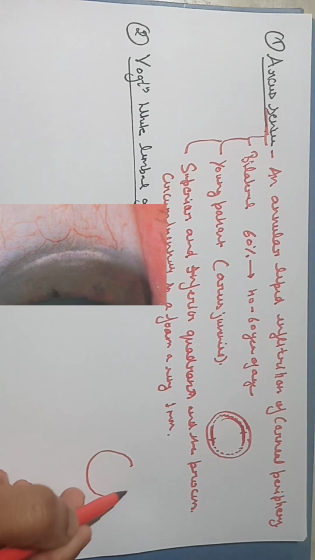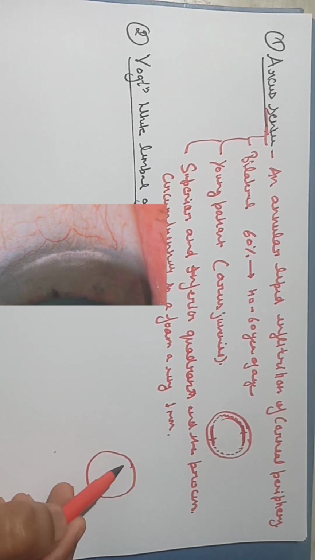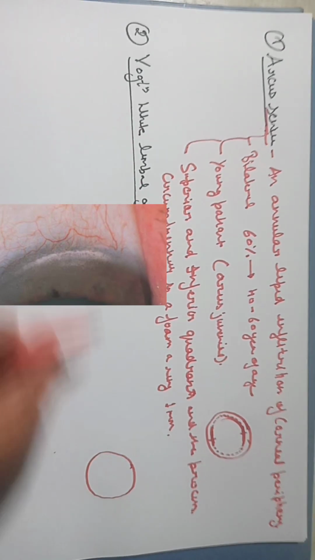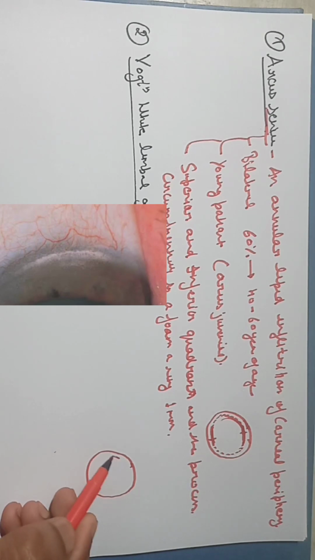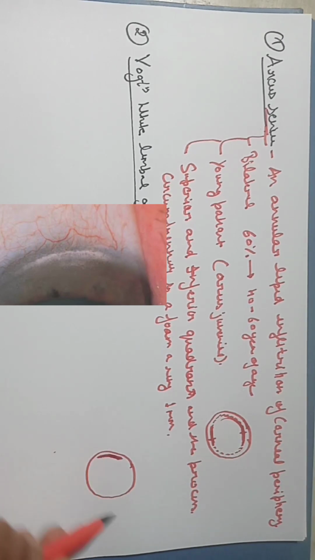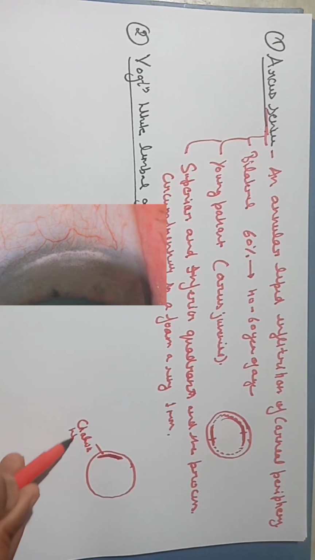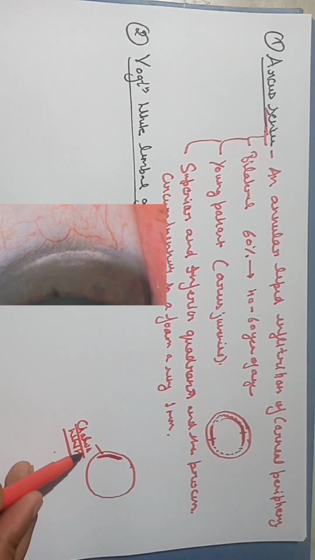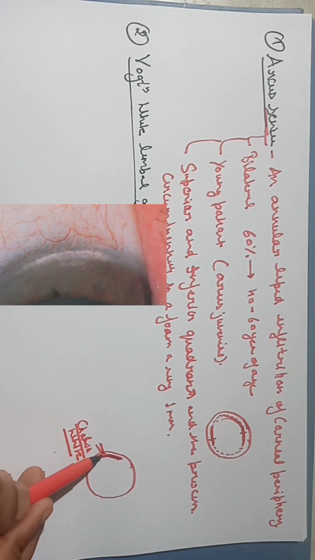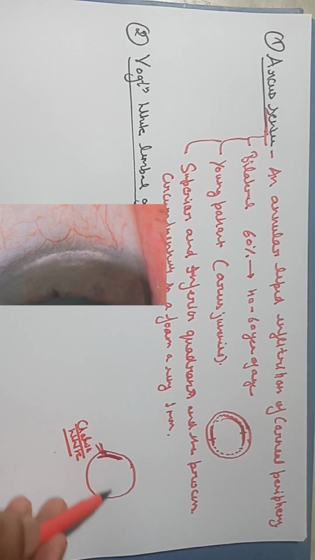Suppose this one is the cornea; in Vogt's white limbal girdle, some chalky white is seen. This is normal white, this is chalky white, but in many cases we cannot differentiate the limbus and Vogt's white limbal girdle.